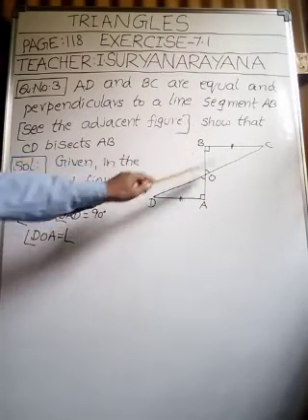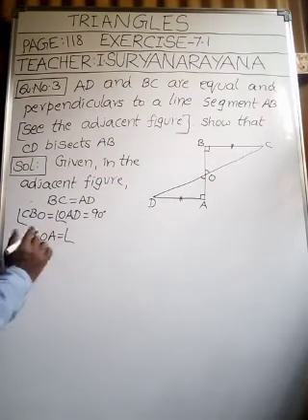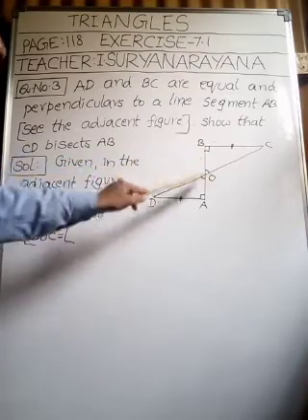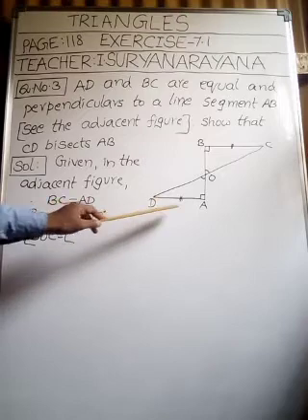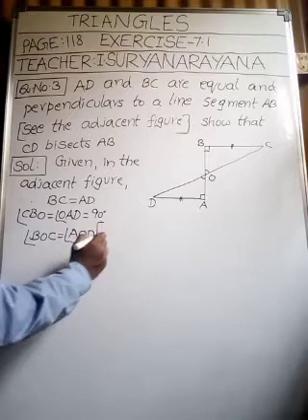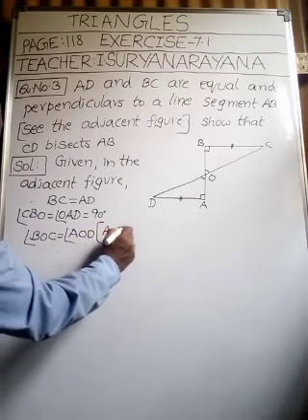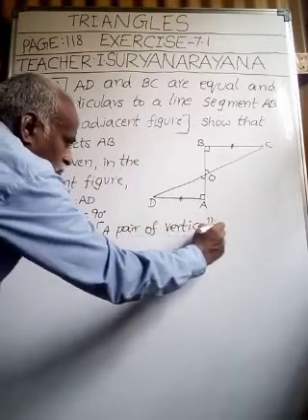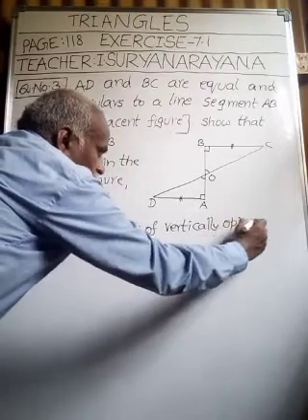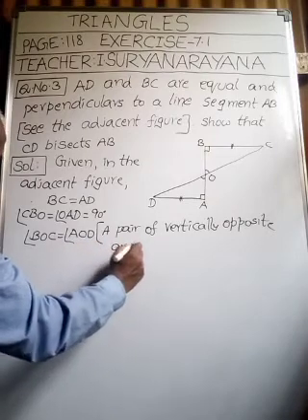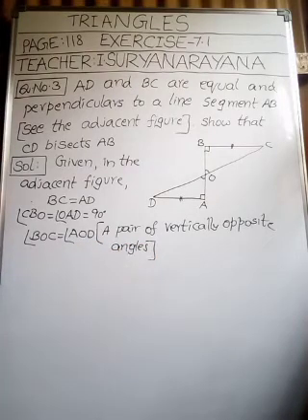Next, angle BOC is equal to angle AOD. A pair of vertically opposite angles. The two angles are a pair of vertically opposite angles.